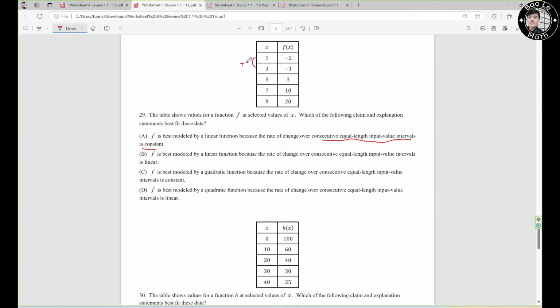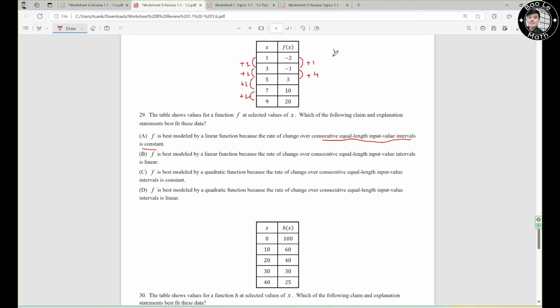We see that this one adds 2 each time, right? And the right hand side right here, in order to get -1 from -2, we're going to add 1, right? And this one we're going to add 4, right? So this is not linear, right?